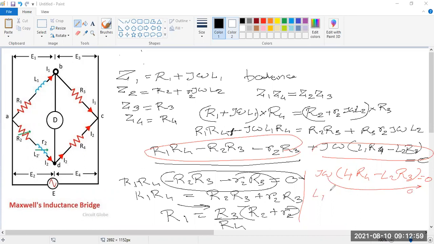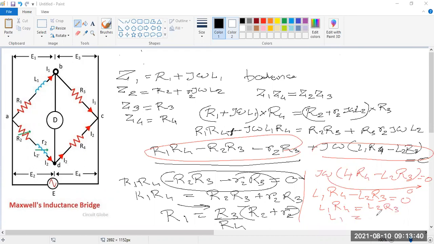So we are getting L1 into R4 minus L2 R3 equal to 0. So L1 into R4 equal to L2 into R3.